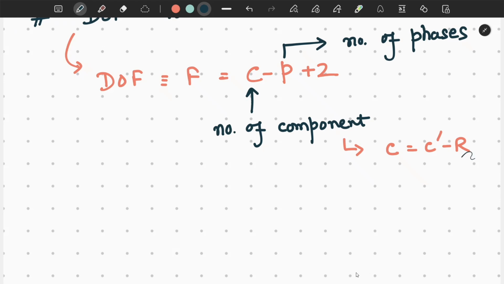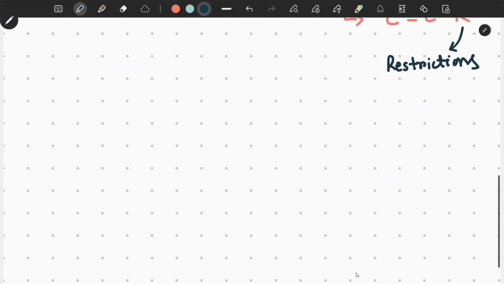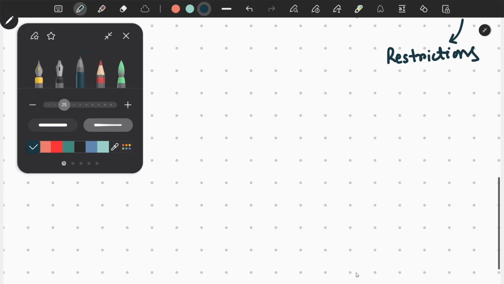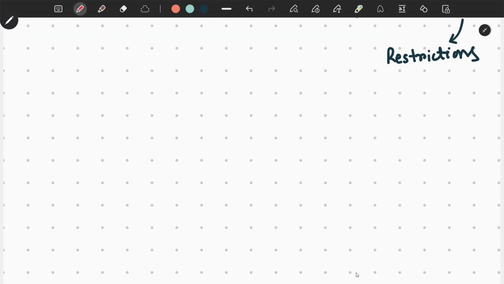R is restriction, and this C' is actually the chemical species that is present in the system. These things will be clear when we solve a few examples. So let us discuss some examples, then it will be very much clear.